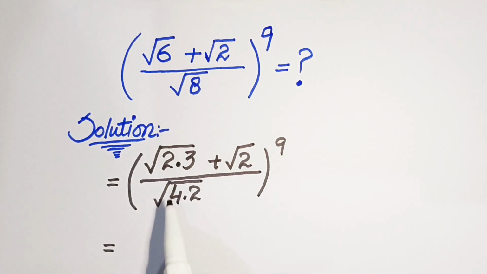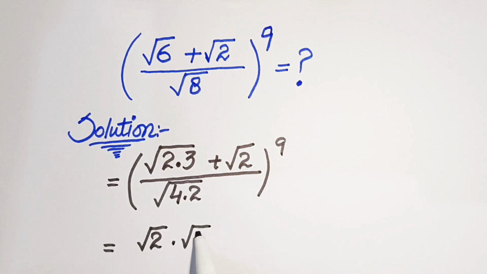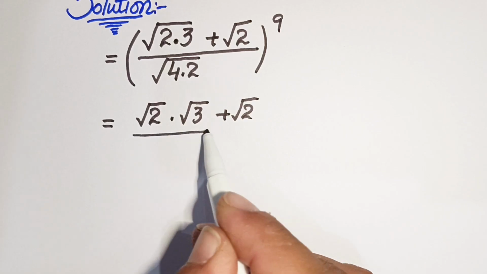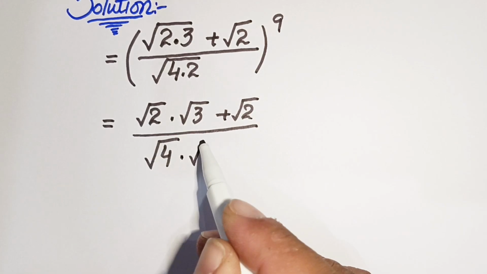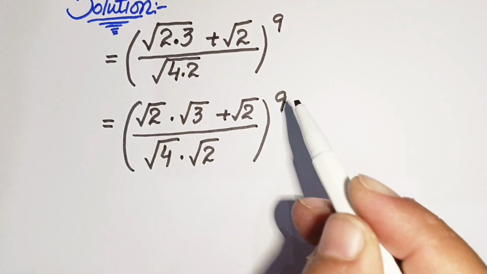So square root of 2 times square root of 3 can also be written as square root of 2 times square root of 3, plus square root of 2, all over square root of 4 times square root of 2, whole to the power 9.